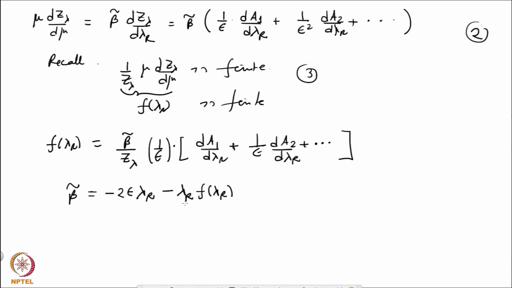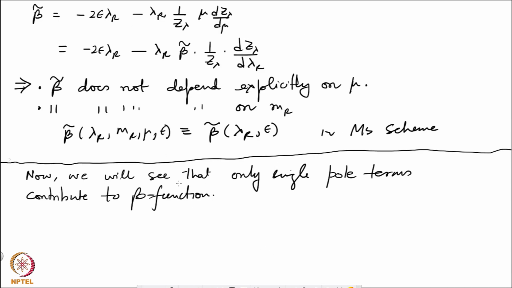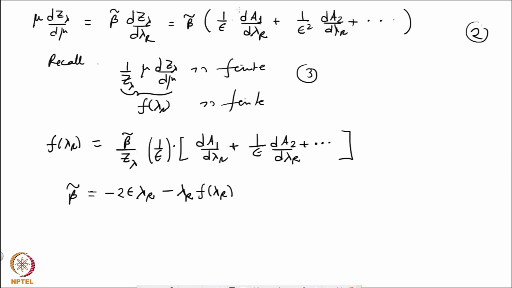Let me show you if you do not recall. So beta tilde is minus 2 epsilon times lambda r minus lambda r times, this is what I have defined as f of lambda r, which is finite.